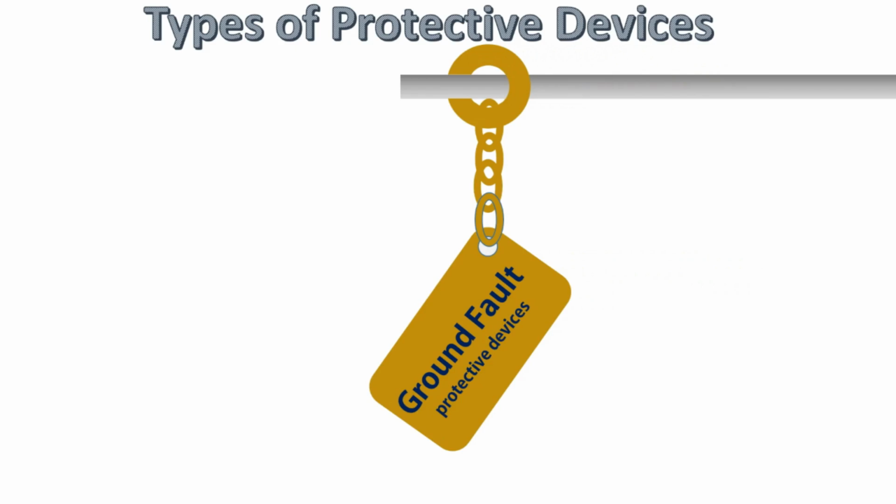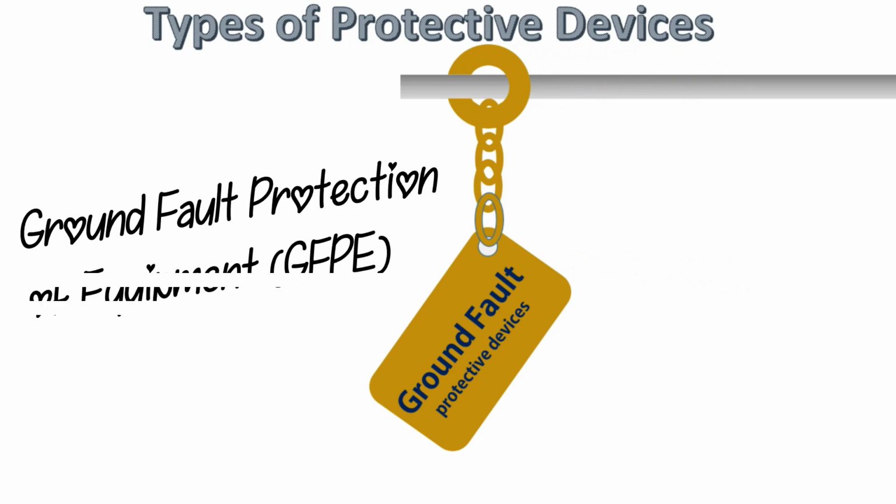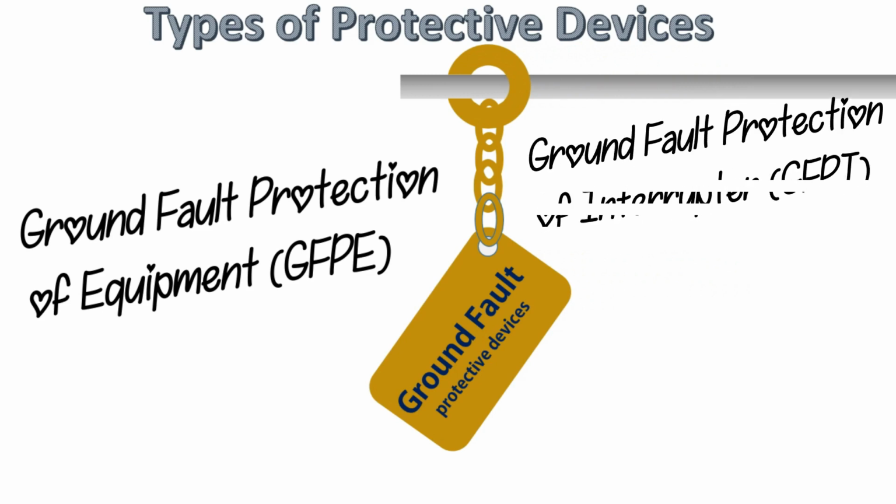The second type of our classification is the ground fault protective devices. They can be divided into two types. Those for equipment protection, which are called the ground fault protection of equipment (GFPE), and those for interrupter protection, which are called the ground fault protection of interrupter.